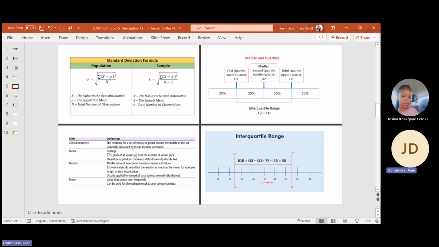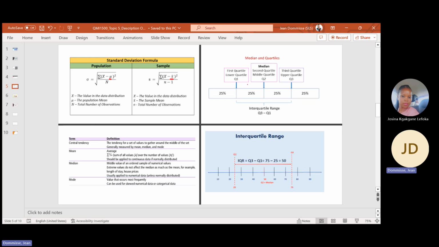There you can see, and this is very small, if we look at your sample, there's your sample mean that one deducts, and if you look at your population, the population mean. For standard deviations, those would be our formulas. For mean, median, and mode, I just gave the definition of each again.